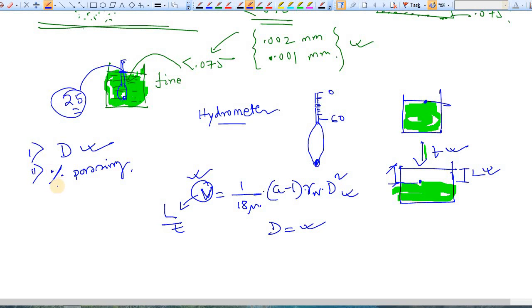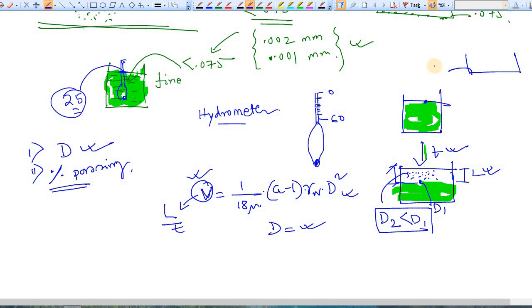And how will you get the percentage of passing? Percentage of passing means the particle sizes which are still present here, which have diameter, let's say d2, where d2 is less than this diameter, this is d1. That's the same as in the case of sieving.